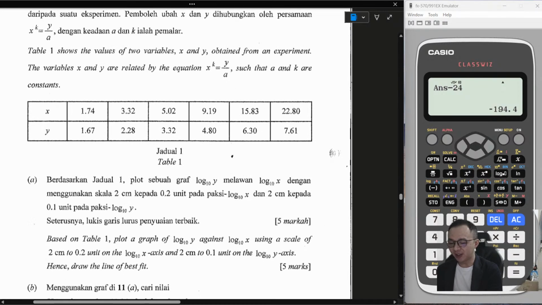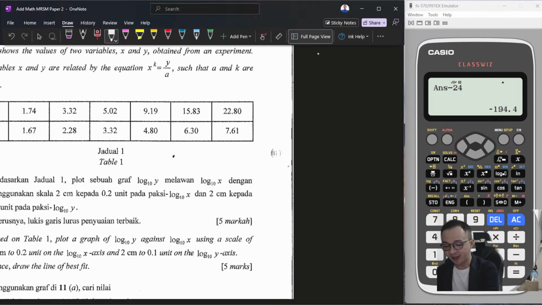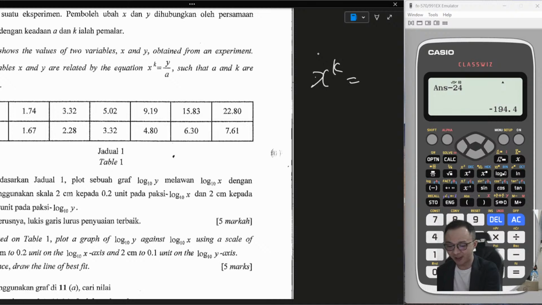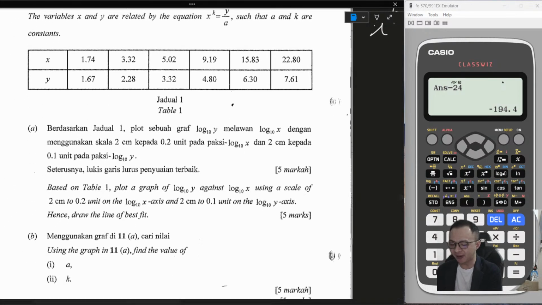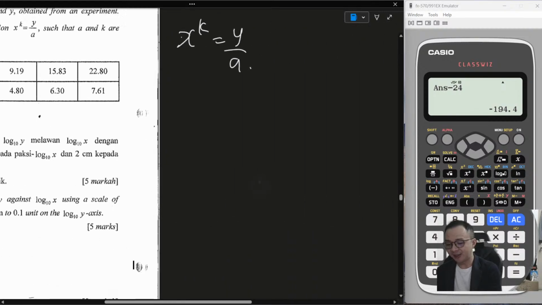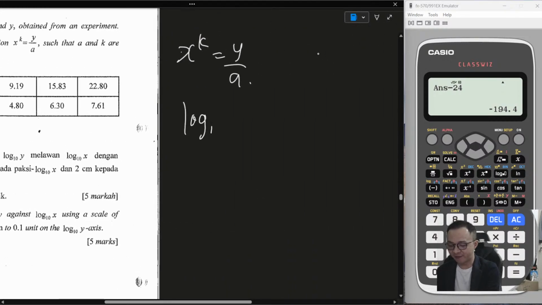So they give you an equation, which is x power of k equals y over a. So I'm going to write it down. And then normally they will say based on table 1, plot a graph of log 10 y against log 10 x. So I need log 10 for both. So I add the log 10 for both here.